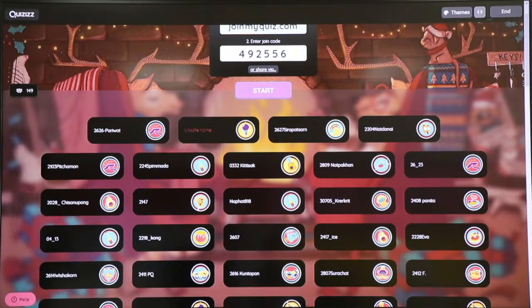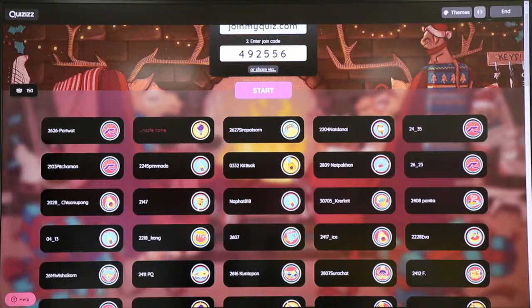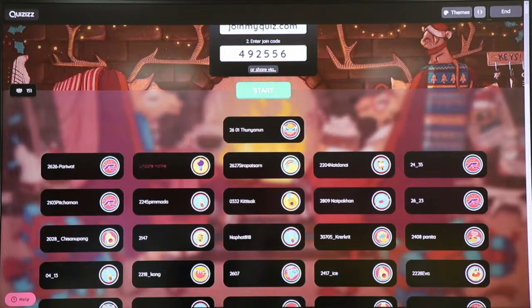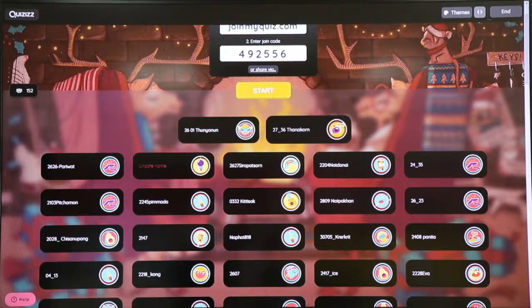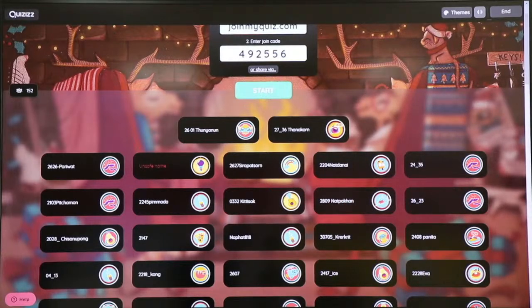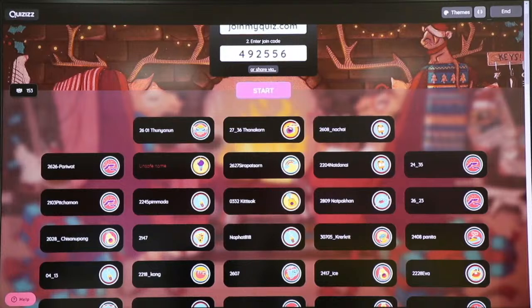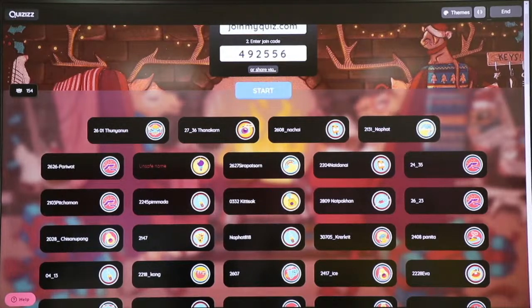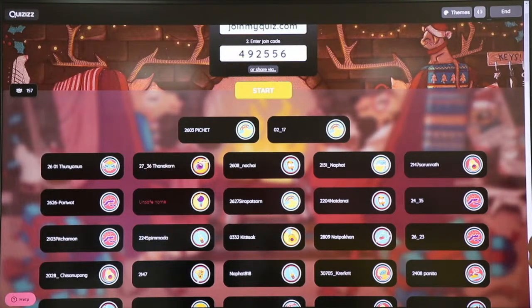Sirapatson, amazing. Tunyanon, keep on logging in, please. Oh, I will extend another minute. I think it will go up to 200 participants. Okay, 30 seconds. 154, including teacher. 157 students.